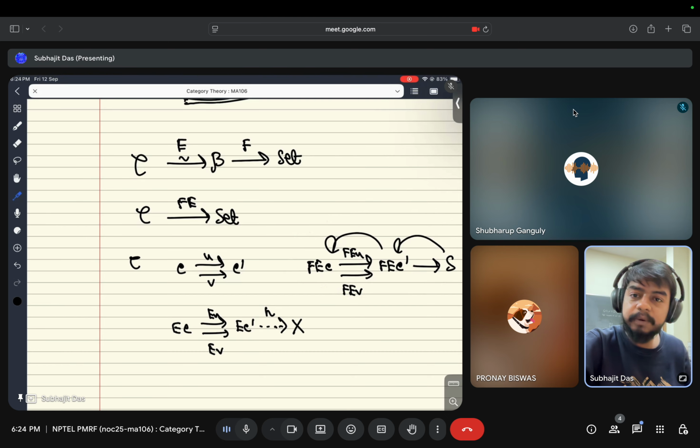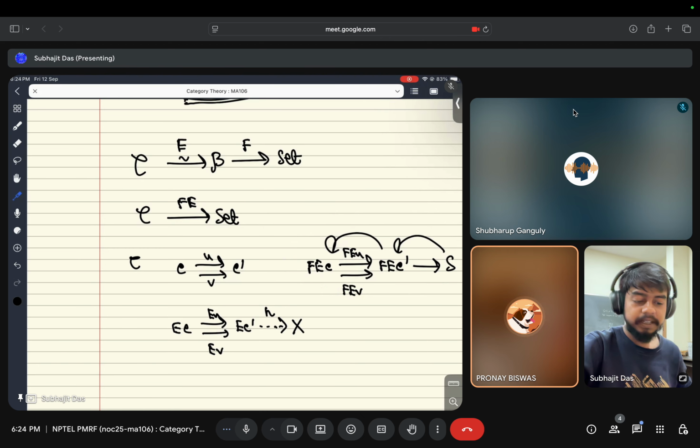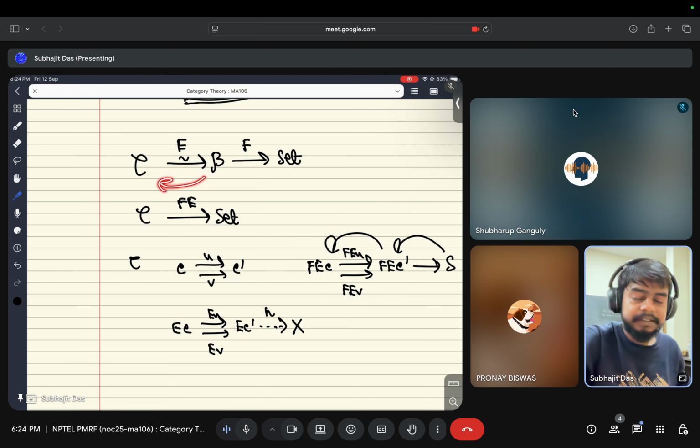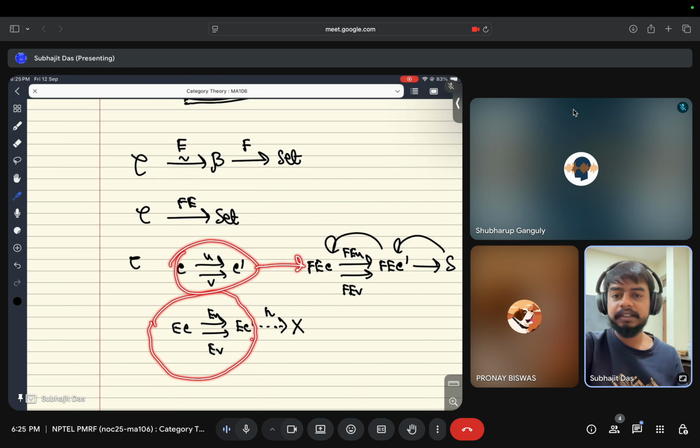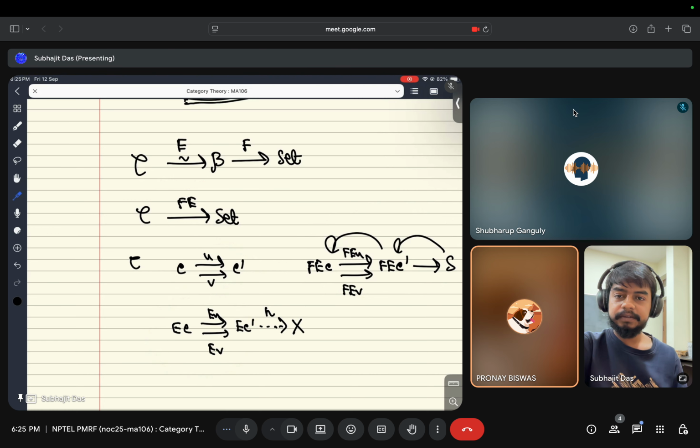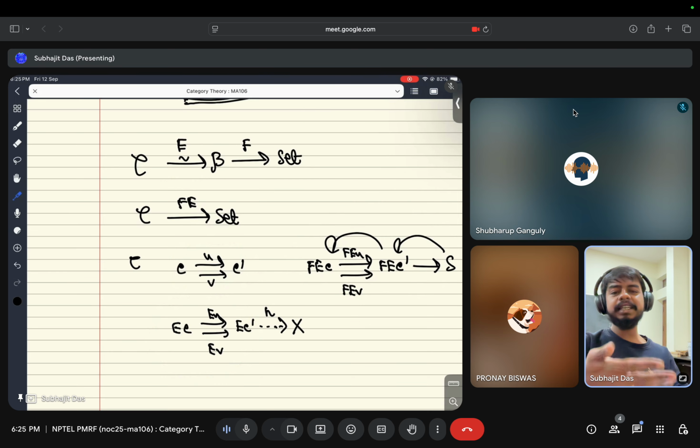Right? Now this is a co-equalizer in B. E is an equivalence of categories. Take any quasi-inverse of E, or it really doesn't matter. If E is an equivalence of categories and if the image of this pair under E has a co-equalizer, can we not say that this original pair should also have a co-equalizer? How exactly? We can just compose with a quasi-inverse.